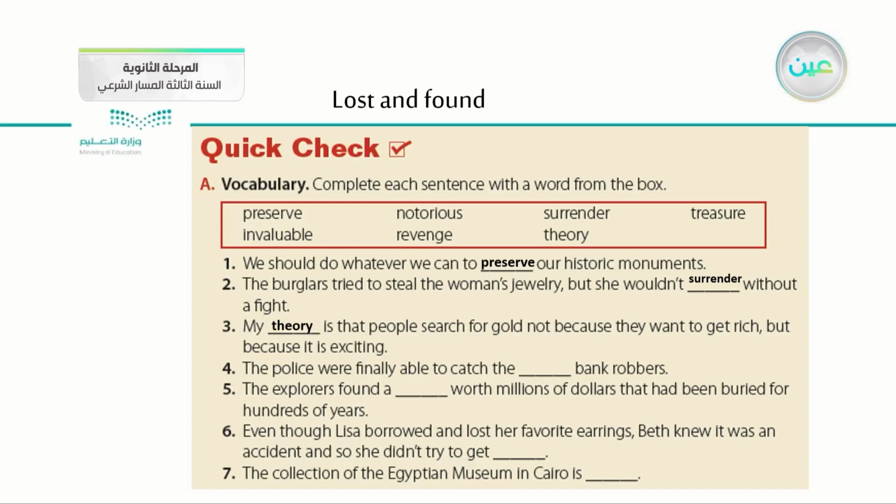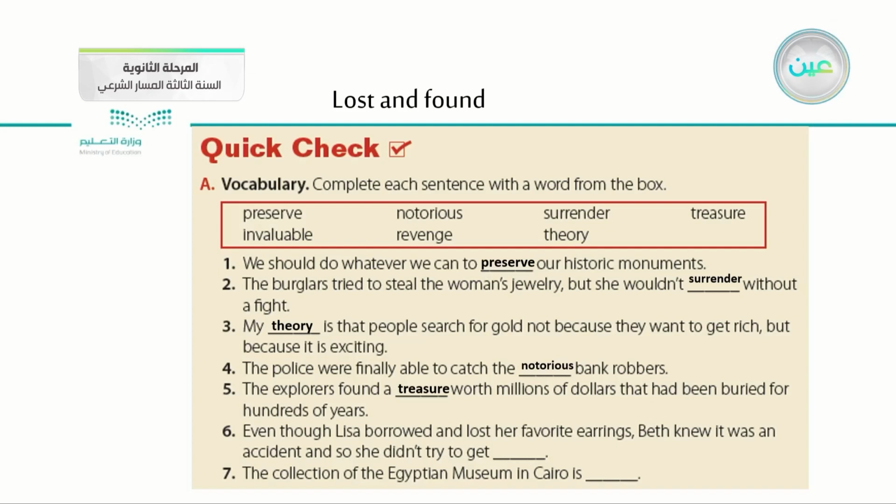So this is theory. Number 4, the police were finally able to catch the bank robbers. Let's see, what is it? It's notorious, okay? This is very good. Number 5, the explorers found a treasure worth millions of dollars that had been buried for hundreds of years. Very good, guys.